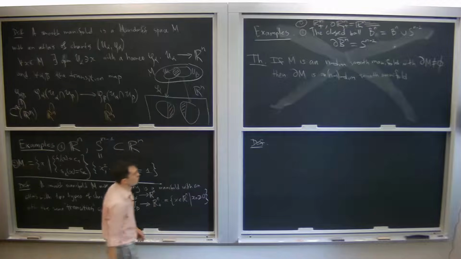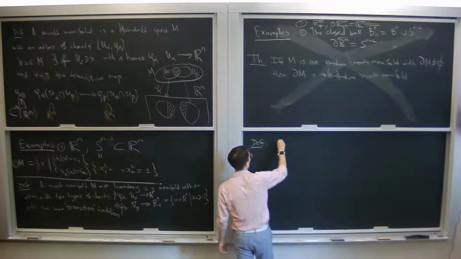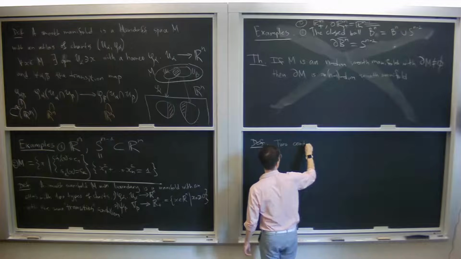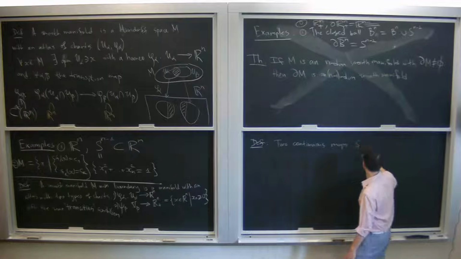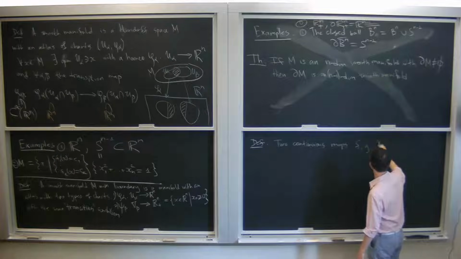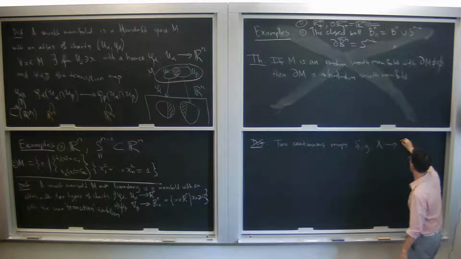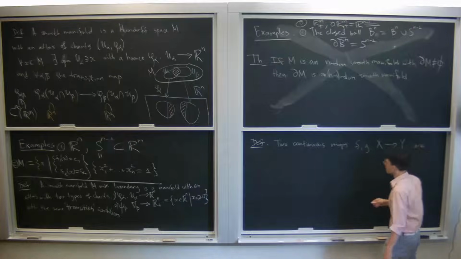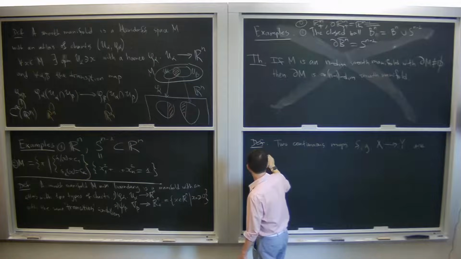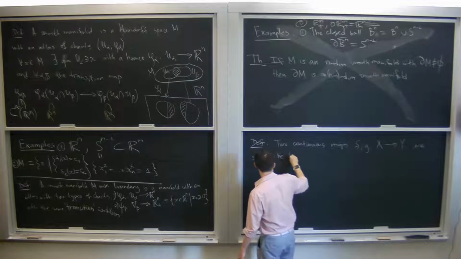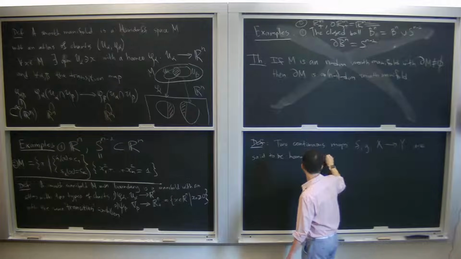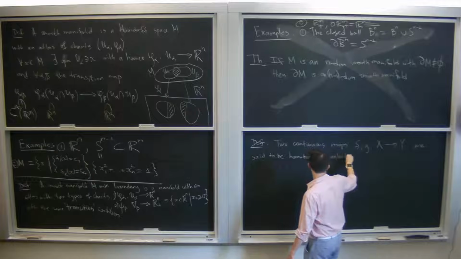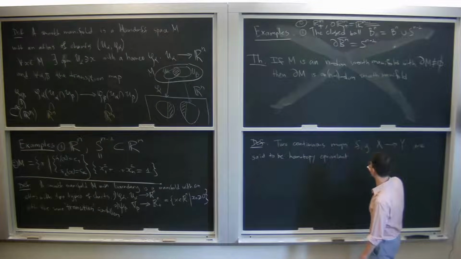So we say that two continuous maps F and G between two topological spaces X and Y are said to be homotopy equivalent, or just homotopic to each other, and we will denote it.